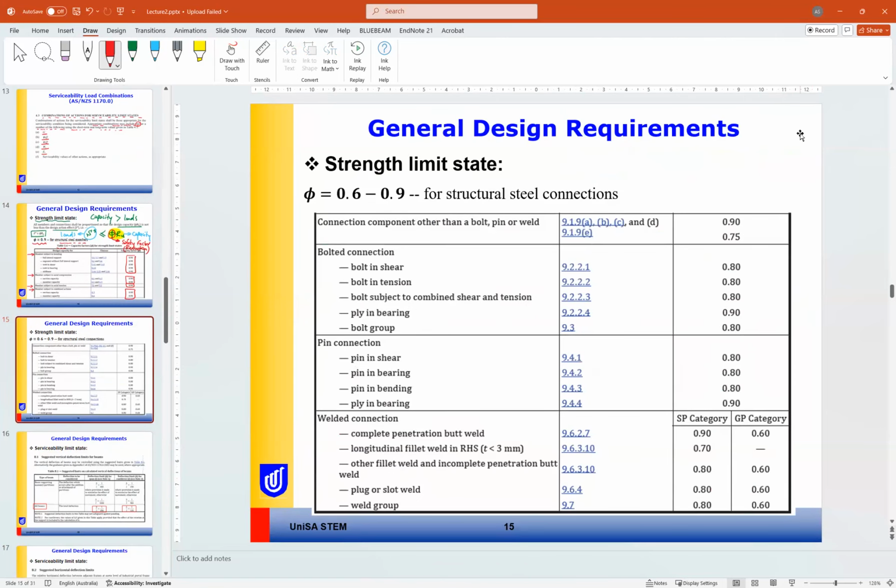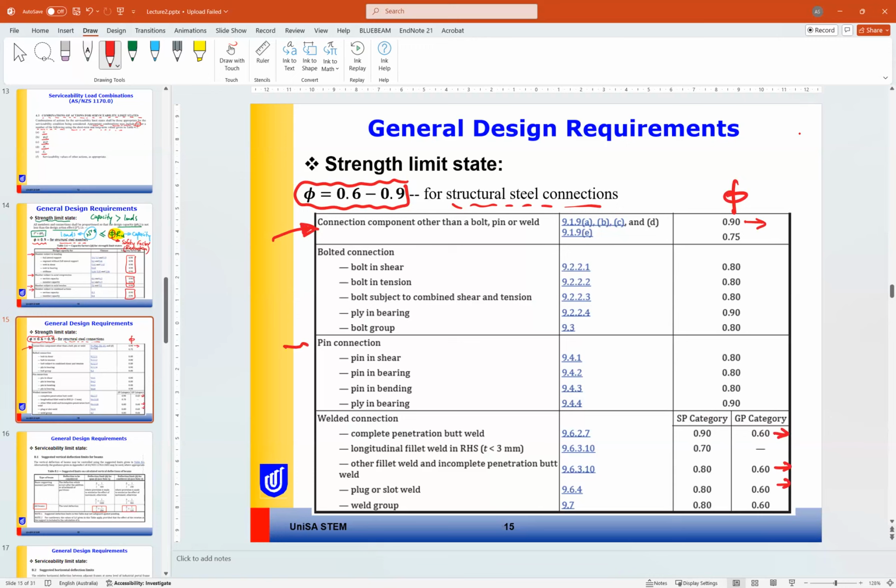For connections, it is ranging between 0.6 and 0.9. So we give more safety factor for the connection, so if you look at the part of the table of phi for connection, it is 0.9, for example, here, and 0.6 in some cases here.